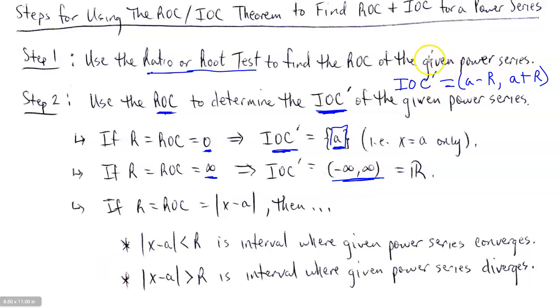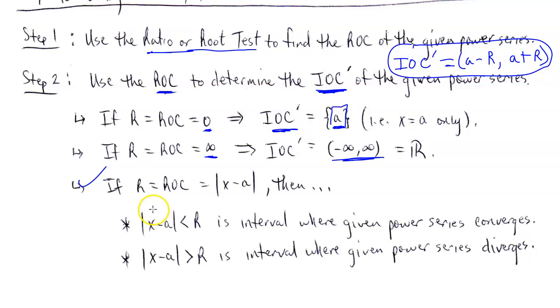Now, what I was talking about as being the default happens in the case 3 situation, where our ROC is equal to r, which is some distance between x and a. Then the absolute value of x minus a less than r is the interval where the power series converges, and the absolute value of x minus a greater than r is where it's going to diverge.